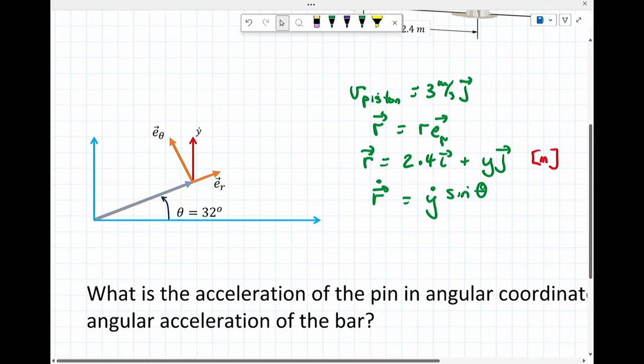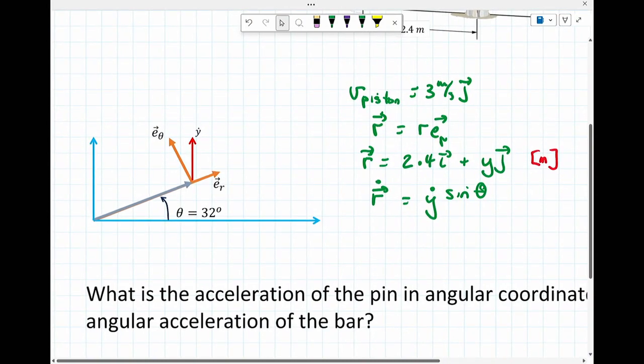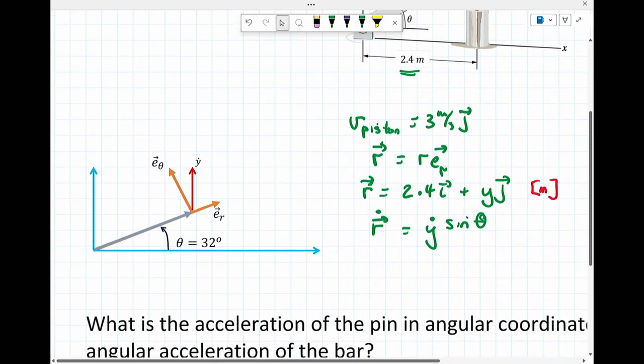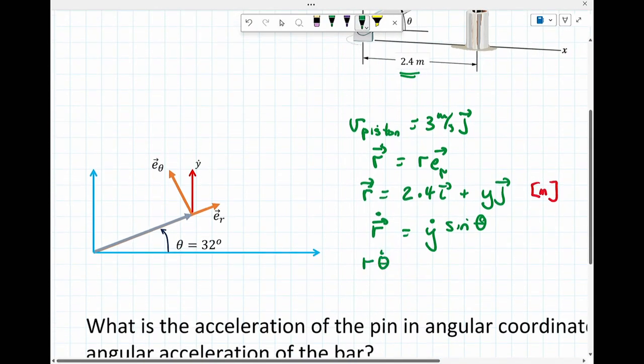How did I? Where did the 2.4 come from? 2.4 came from this. So I have r dot. I have r theta dot, which is equal to y dot cos of theta.